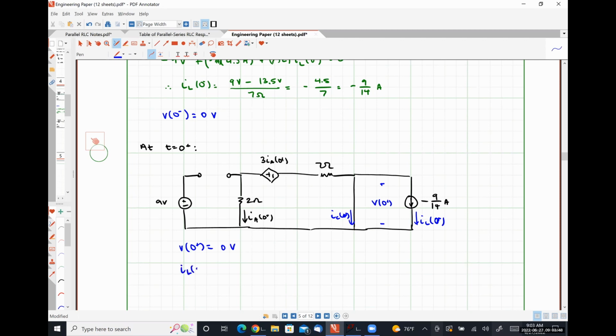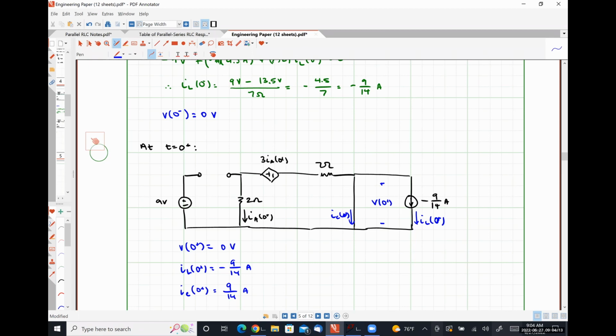We know that IL at 0 plus has to be IL at 0 minus, or negative 9/14 of an amp. And we can see by inspection that IC at 0 plus is going to be positive 9/14 of an amp.